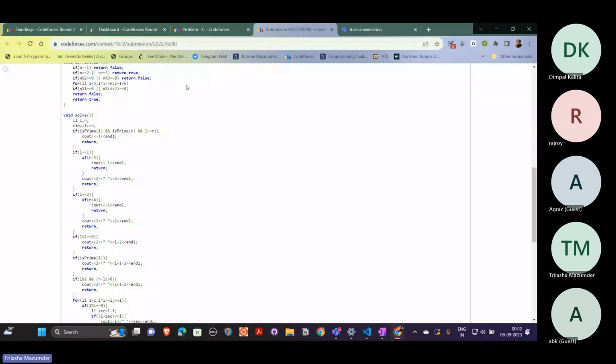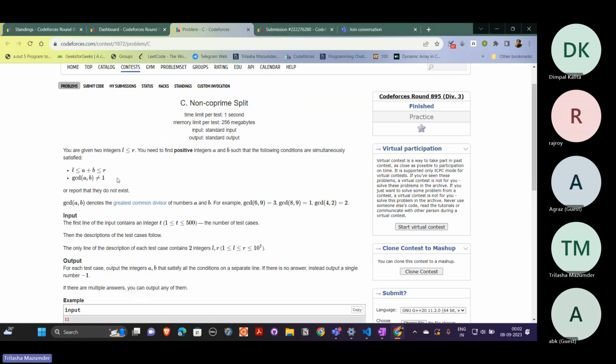Next, I have handled the case when L is equal to 1. I guess there can be a generalized solution for it, but I found it easier to handle some of the cases. If L is equal to 1, you can just dry run and see that up to 3, for 1 1, 1 2, 1 3, there will not exist any answer because you will always find the GCD as 1. So the second condition is never satisfied.